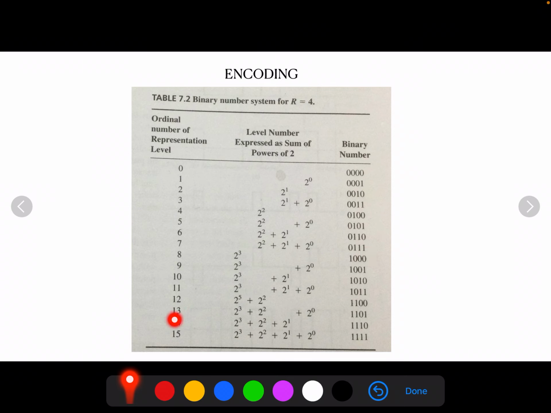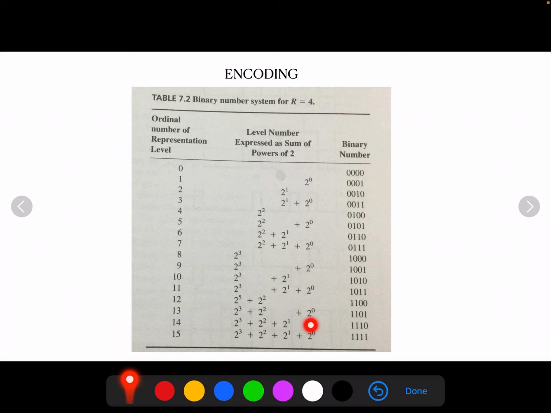Similarly, let me take 13. In order to have 13, you must have the representation as 2 power 3, that is 8, plus 2 power 2, that is 4. So 8 plus 4 is 12, and 12 plus 2 power 0, which is 1, is 13.